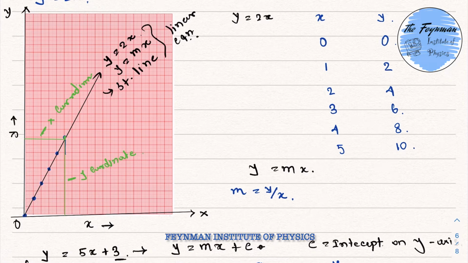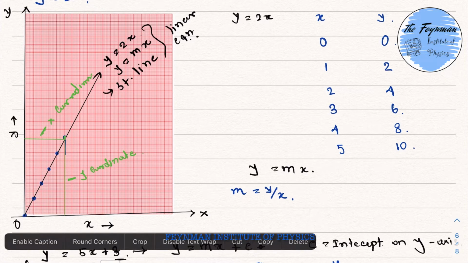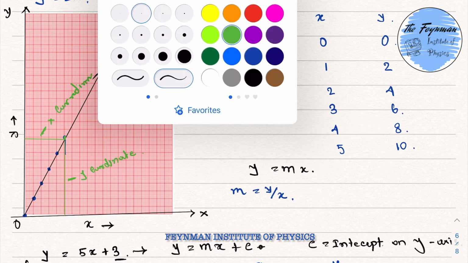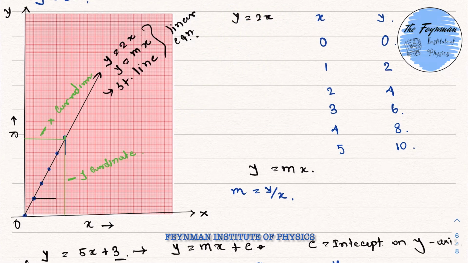Suppose we want to find the value of m, and for that we just need to find the change of x and y coordinates of this point with respect to, say, this point.